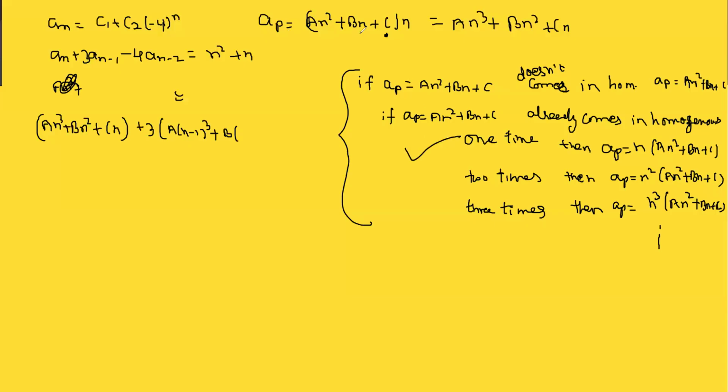Yes. If n comes, you can say in this way. 1 time means what? C repeated, C constant same. 2 times means n comes. Okay. 2 times means n square comes. Then use this. Understood?